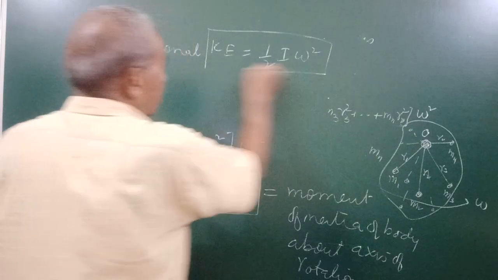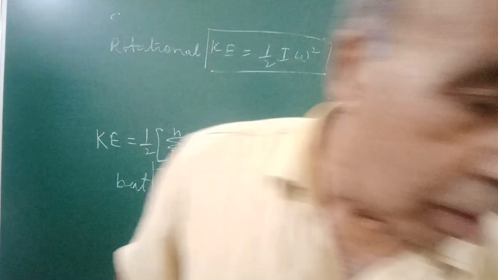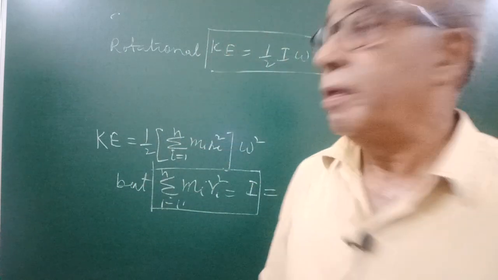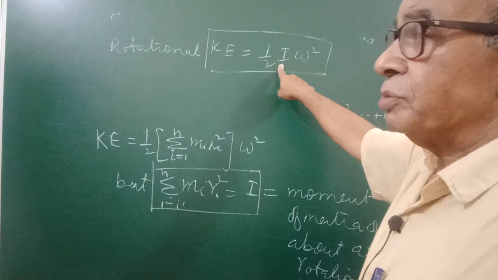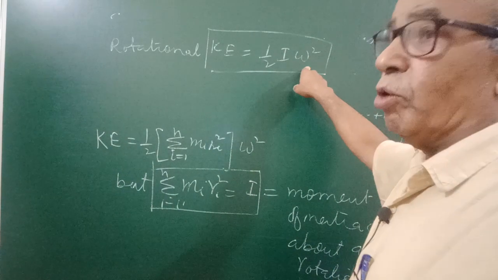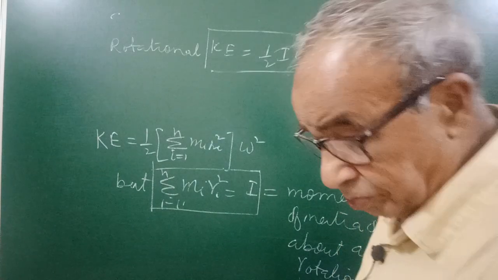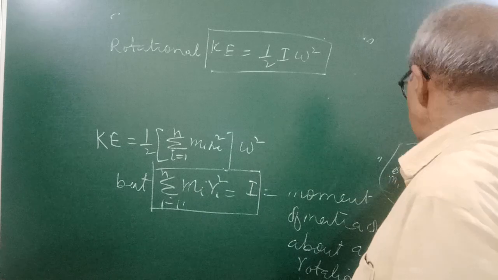See here, in translational energy, which was half m v square, here the role of mass is played by I, the role of velocity is played by omega. So there is an analogy between rectilinear motion and rotating motion.